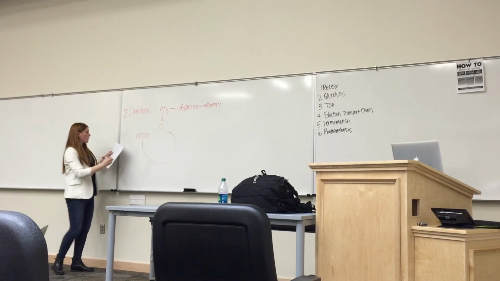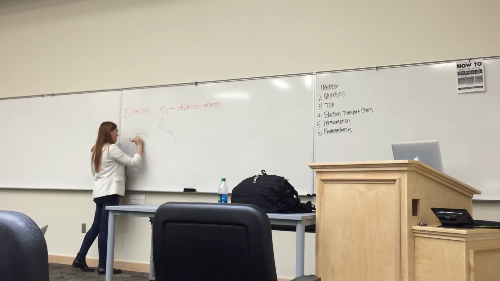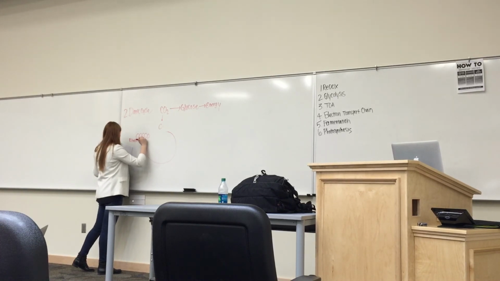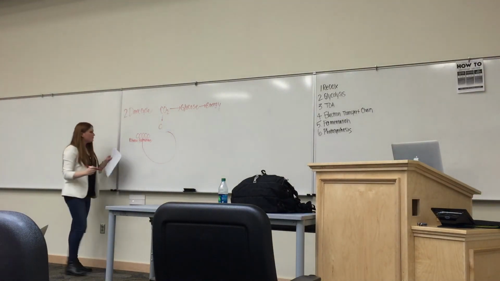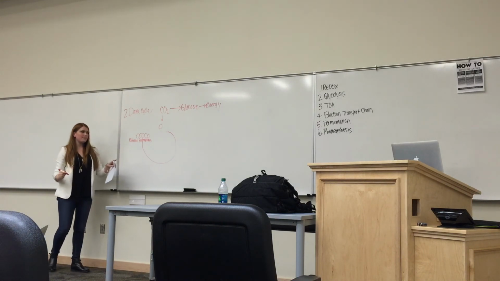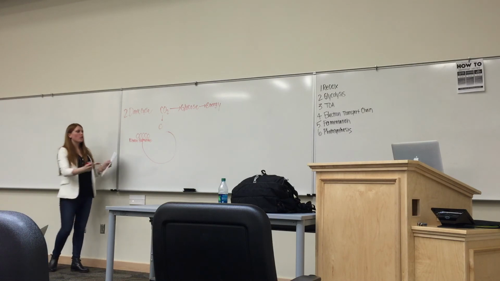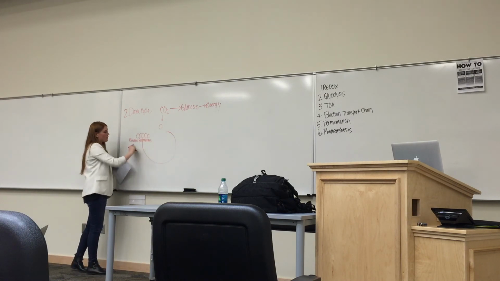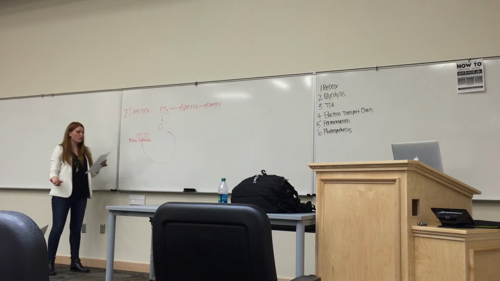And this will be called ribulose bisphosphate. Again, it's kind of like what came first. We don't know if it was this carbon dioxide that somehow was made into ribulose bisphosphate, or if it was this that combined with carbon dioxide. So don't worry about it too much.